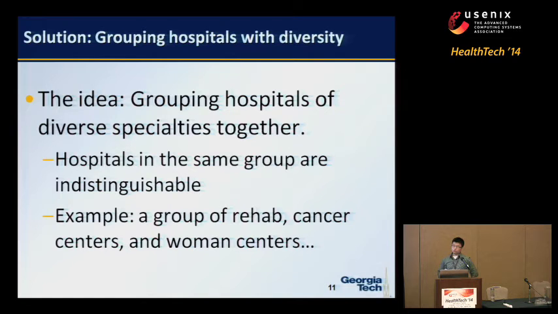If we group hospitals of different specialties together, then the attacker cannot infer anything sensitive about this patient. Let's say if we group rehab, the cancer center and women's center together, then the attacker cannot be 100% sure about the medical condition of this patient.